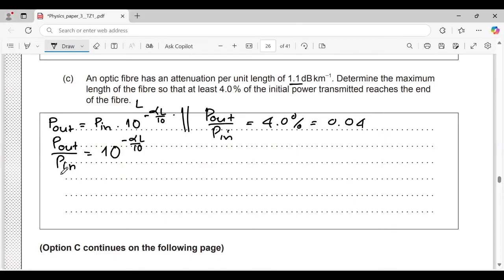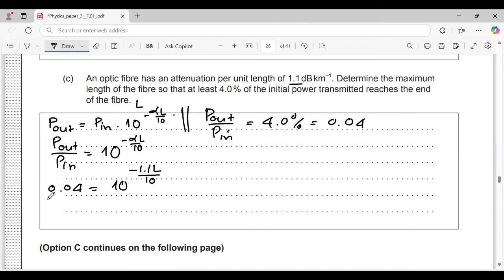So we can substitute this number into the equation: 0.04 equals 10 power minus 1.1 L over 10, because alpha is 1.1.